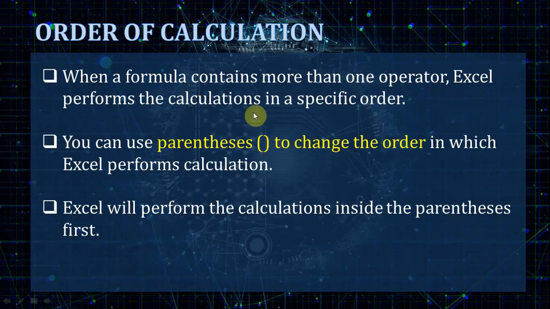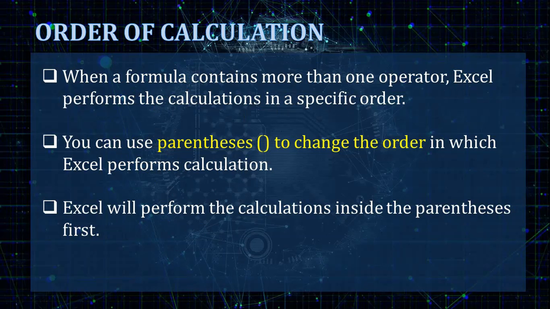Order of calculation. When a formula contains more than one operator, Excel performs the calculation in a specific order. You can use parentheses to change the order in which Excel performs calculation. Excel will perform the calculation inside the parentheses first. This is like the BODMAS rule which you have learned in your lower classes.